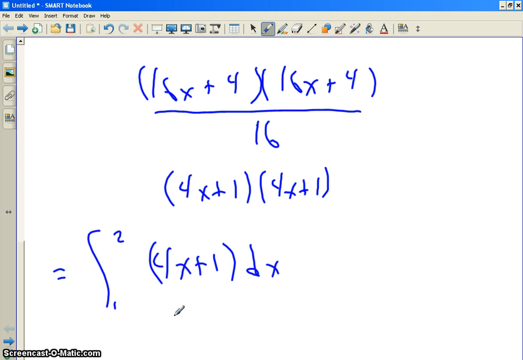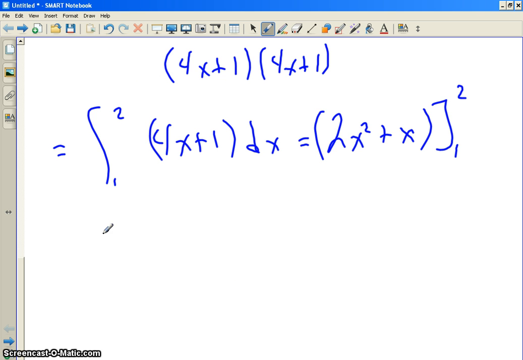All right, so can you integrate? Sure you can. What do you got? 2x squared plus, right, because it's x squared over 2, plus what? x evaluated from 1 to 2, and now we've got the first fundamental theorem. Yay! Got all these theorems running.